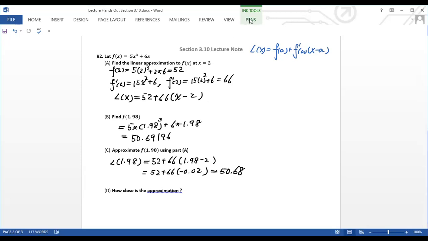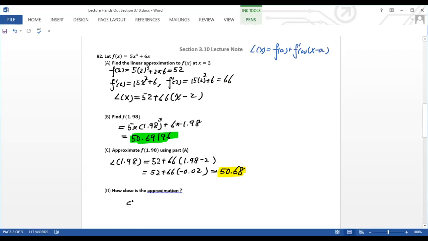All right, so now take a look. This is the true value, and this is the estimated value. How close is this approximation?